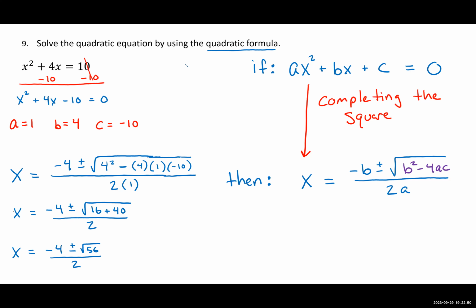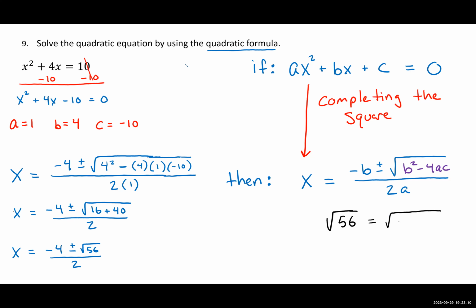All right, we're not done yet. We got to deal with the square root of 56. Let me switch colors here and go over to the right. Square root of 56. What is that? Well, 56. Let's see. Does that contain a perfect square?